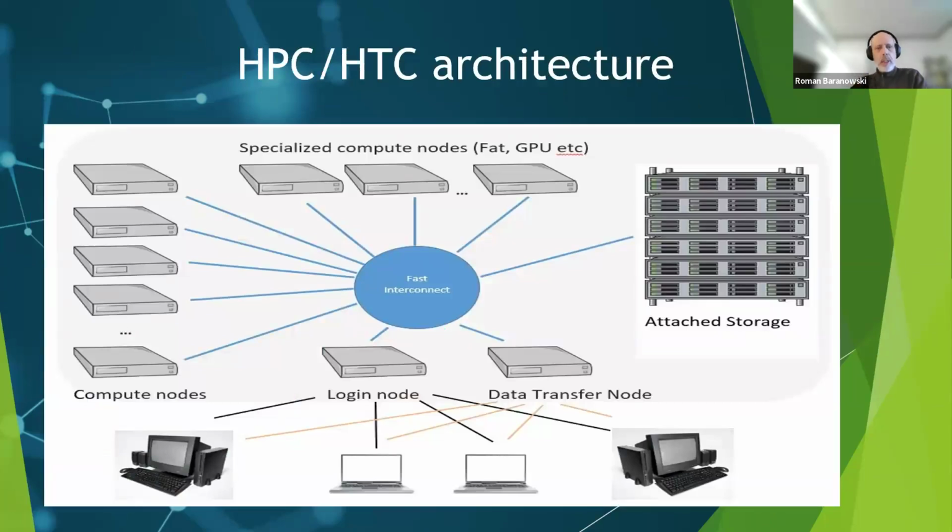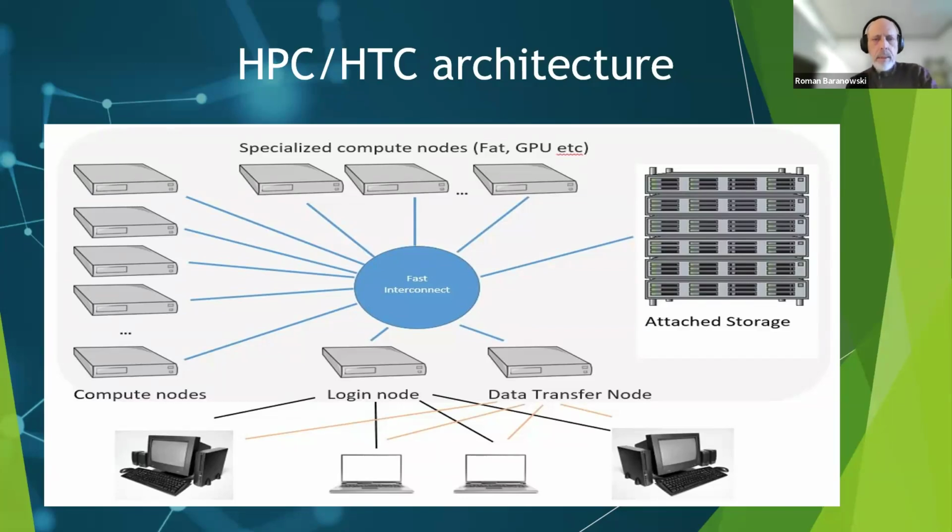We have plenty of compute nodes, and some specialized compute nodes, small memory with GPU, and everything is interconnected with a fast interconnect. In addition to this, we have storage which is attached to all these compute nodes, and they all communicate via this fast interconnect.